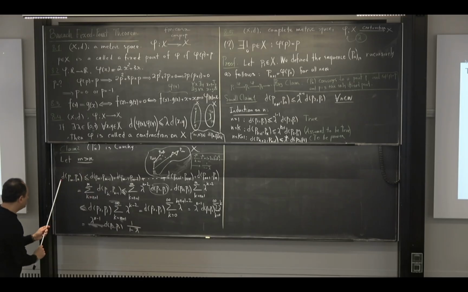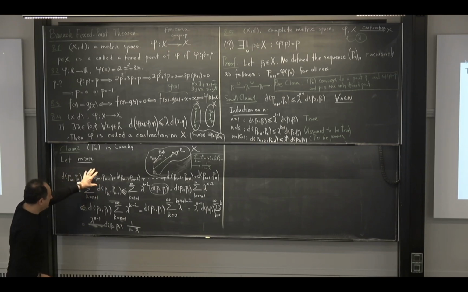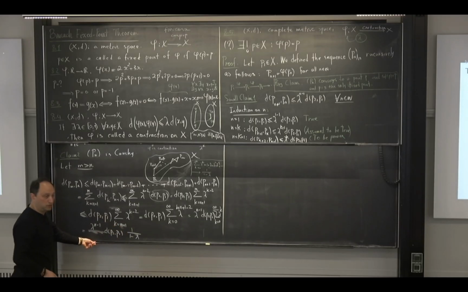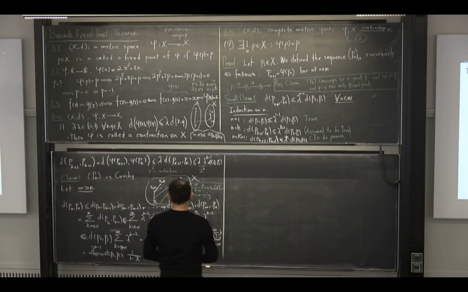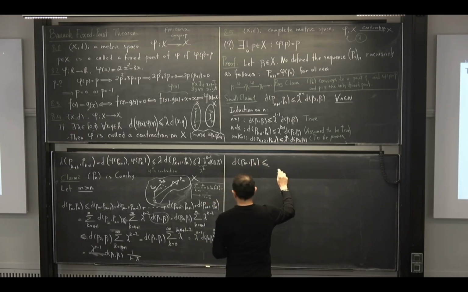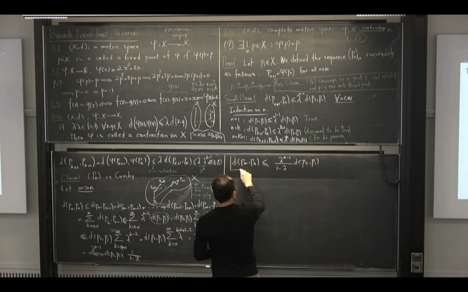This term was what I wanted to estimate by these gymnastics. Finally, I found that this one is less than this final number that you see. So let me register it here. d(p_m, p_n) is less than or equal to lambda to power n minus 1, over 1 minus lambda, times d(p2, p1), and that is your estimate.